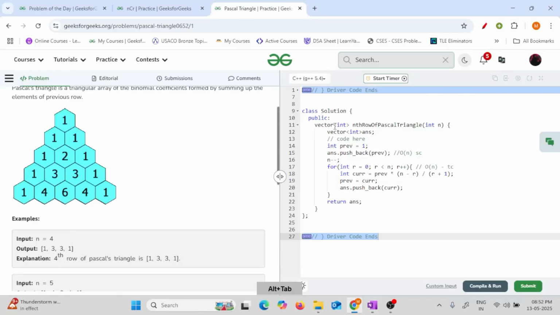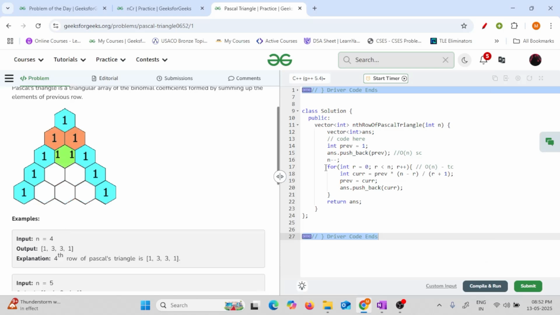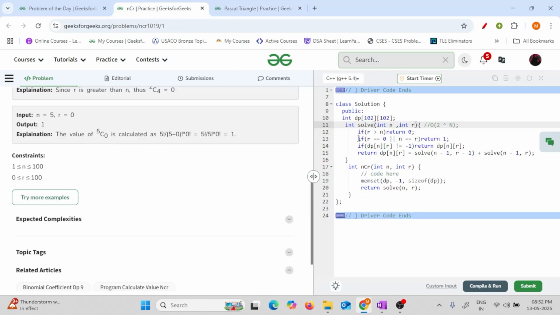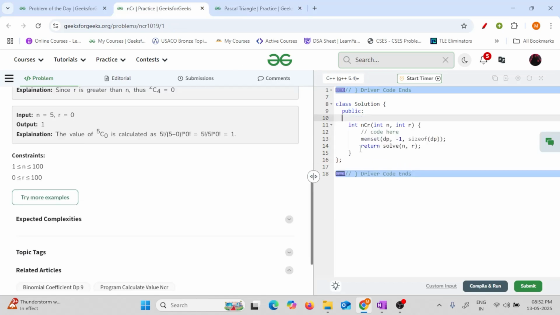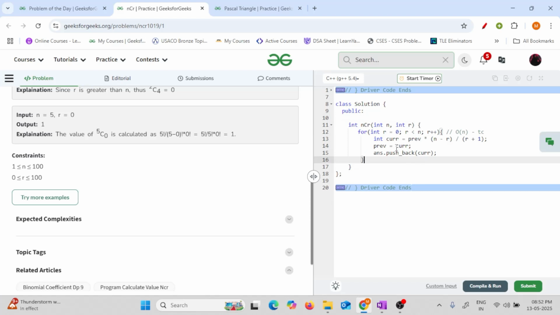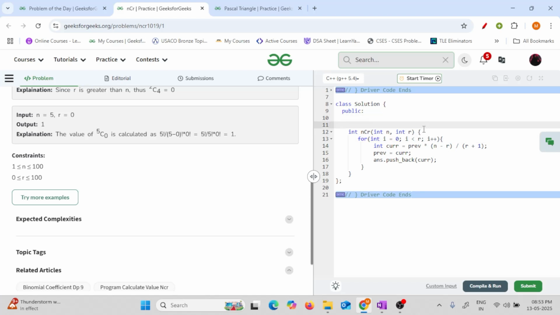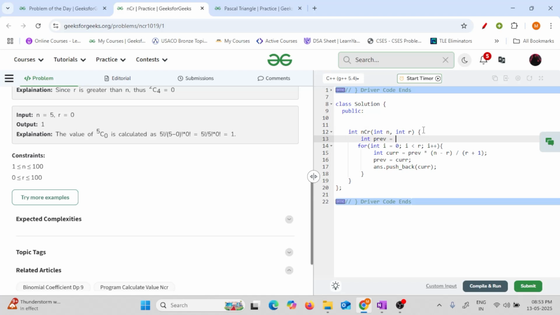Let's try to code it out. I'm just copying this part of the code, not the entire code. Instead of writing it out, I write i equal to 0, i less than or equal to r, and i plus plus. Now I'll take an integer previous, which is equal to 1.